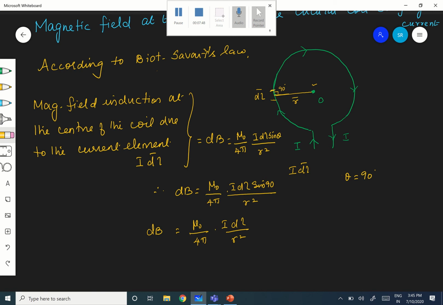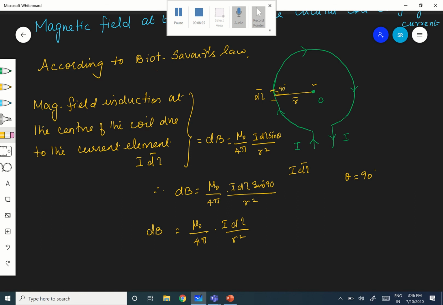By applying the right hand rule, you hold the thumb of your right hand perpendicular to the grip of your fingers such that the curvature of the finger is from dL to r. Then the thumb shows the direction of the magnetic field at that point.